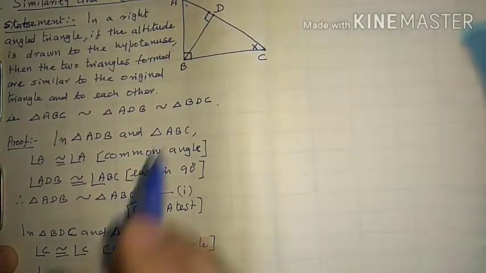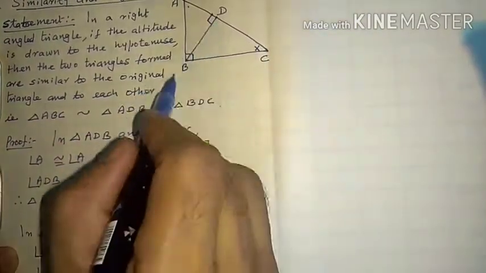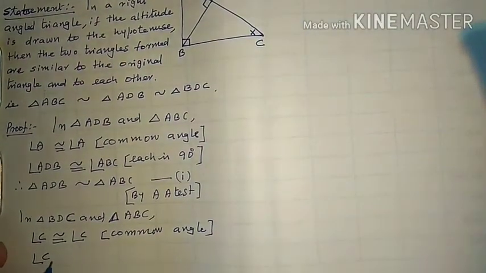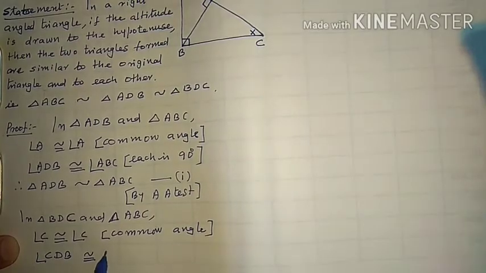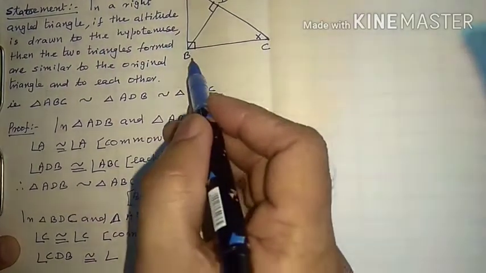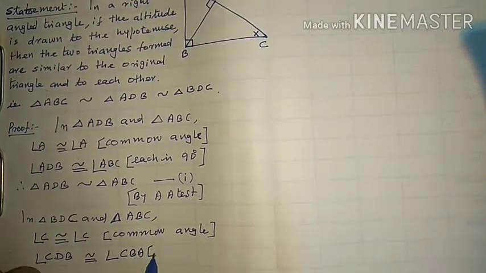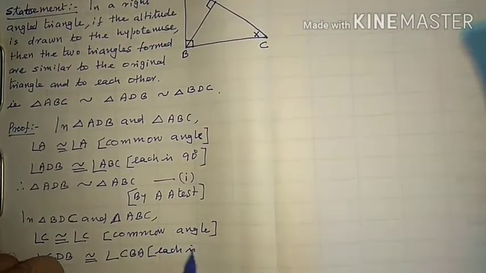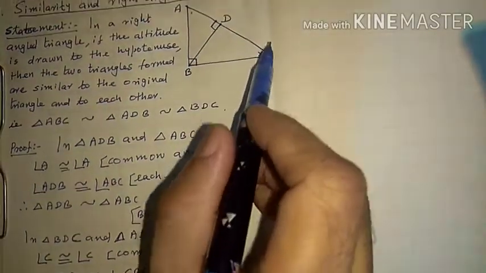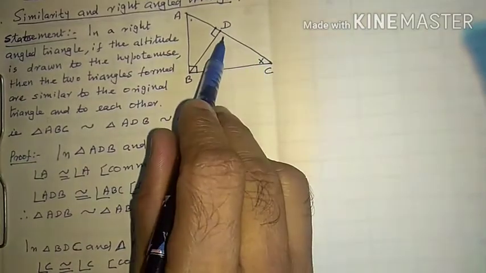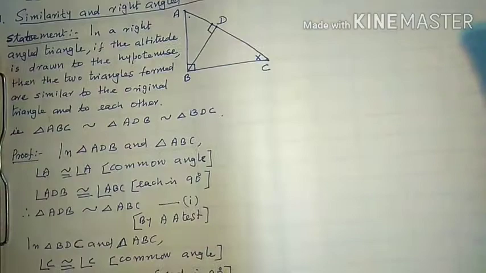Then we say the 90-degree angle. Angle CDB is congruent to angle CBA. Here each is a 90-degree angle, a right angle. Here also two angles are congruent: this angle and the 90-degree angle, and this angle and that 90-degree angle of the bigger one.